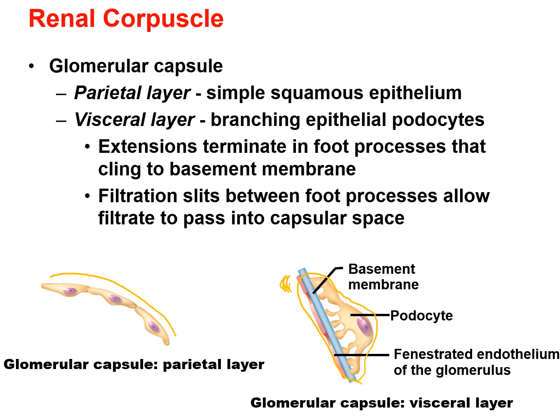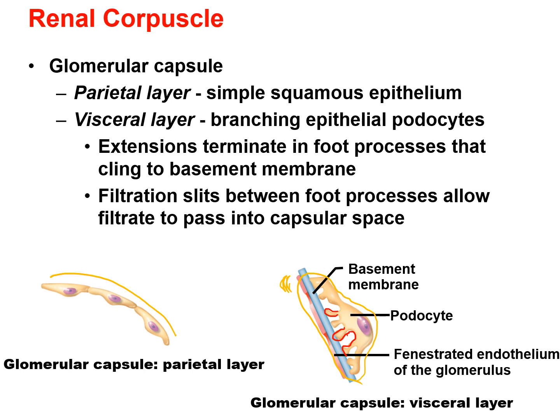And what is special about them is you have these bizarre little foot-like extensions that emerge. So here's a little foot-like extension that I'm highlighting in red. Here's another one. And so you have these little foot-like processes that extend off of the cell and cling to the basement membrane. But because you have these little foot-like processes, it is going to create these little spaces where you don't have a portion of the cell. So this little space right here is going to be referred to as a filtration slit.